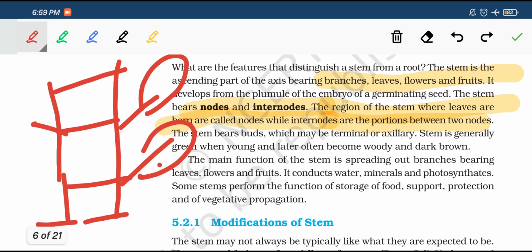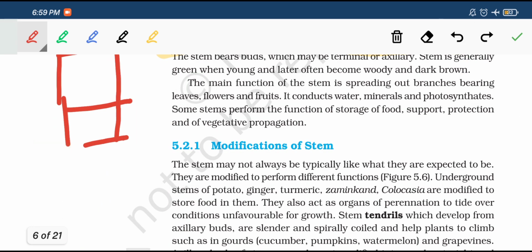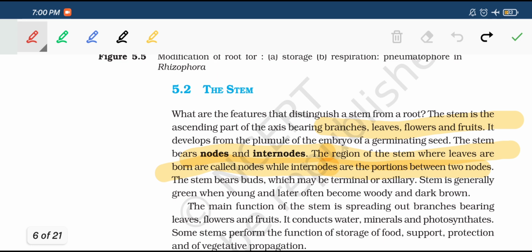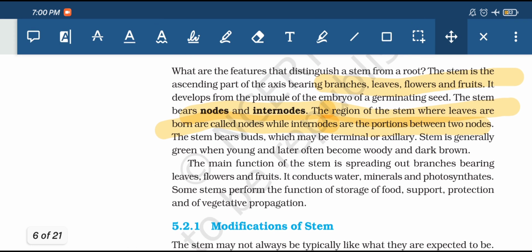Then the stem bears buds, which may be terminal or axillary. So stem has buds which may be terminal or axillary, that means at the tip of the stem or in between the stem.